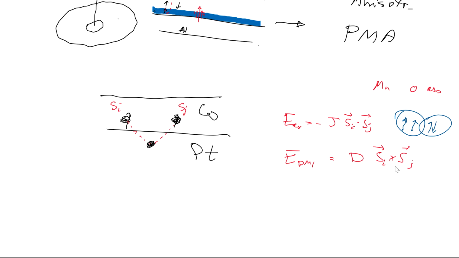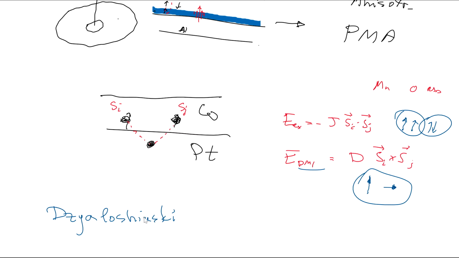Here we have a cross product, which means that this interaction favors perpendicular magnetization alignment, and that is very unique. Now DMI. I had a graduate student who was studying this effect and she couldn't pronounce it. So let me see. This is N.